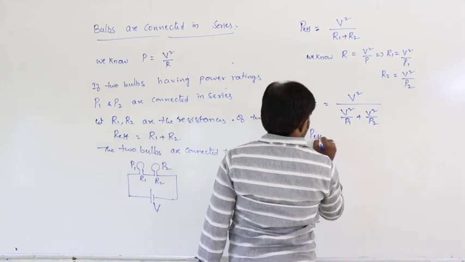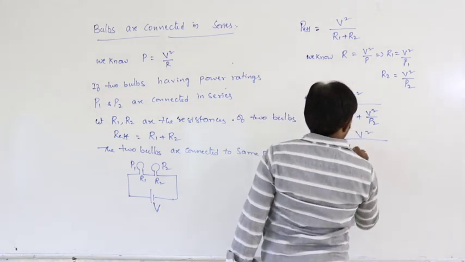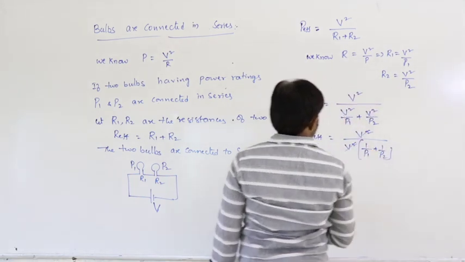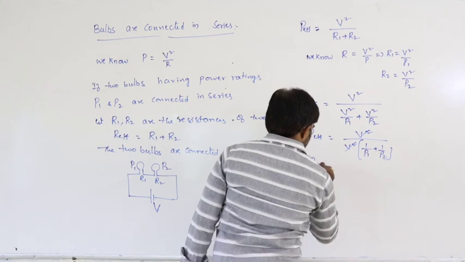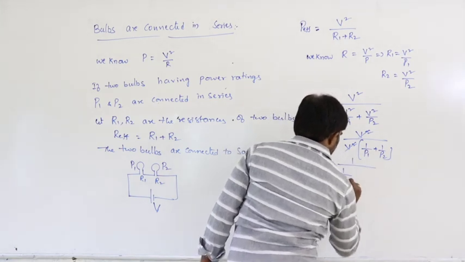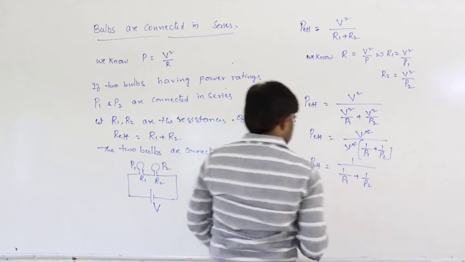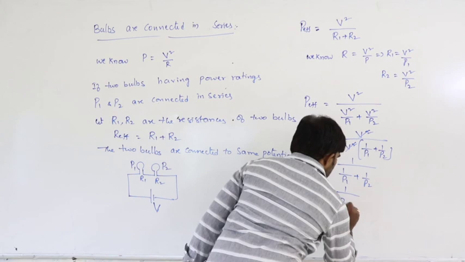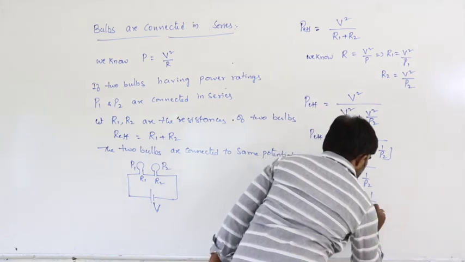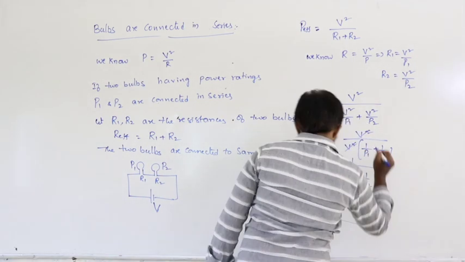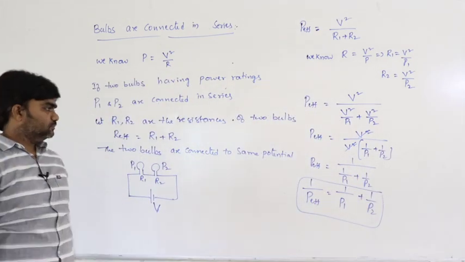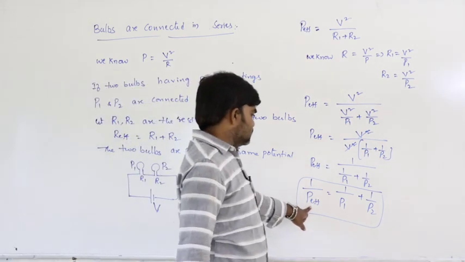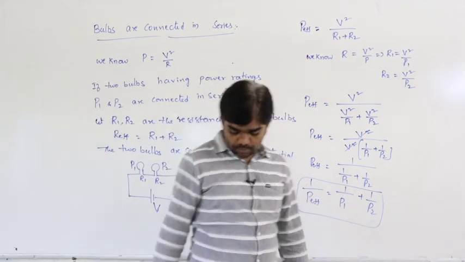V square common, it's 1 by P1 plus 1 by P2. V square gets cancelled. So based on this we can write 1 by P effective is equals to 1 by P1 plus 1 by P2. This is the effective power in series combination. 1 by P effective is equals to 1 by P1 plus 1 by P2.